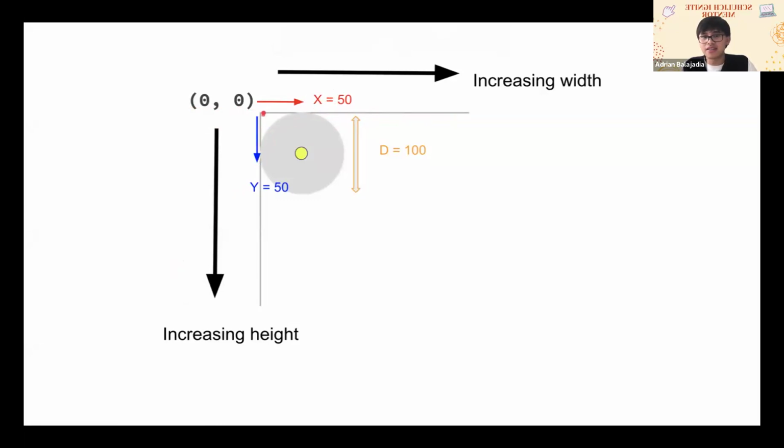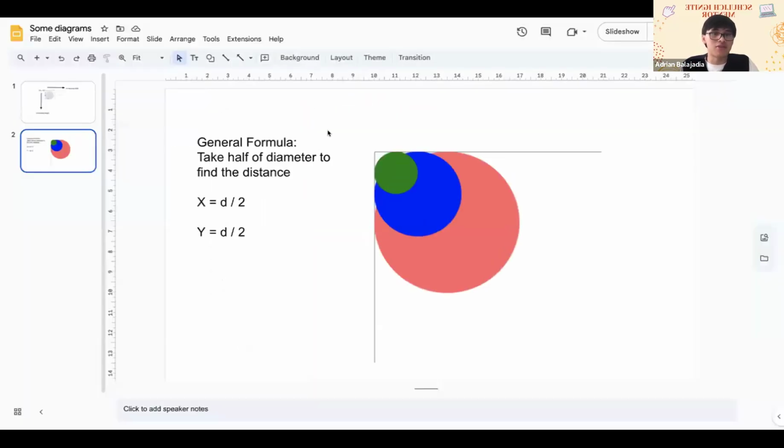Likewise, the distance from here to the halfway point is 50. So the center location of this circle is 50, 50. And if we want to know the diameter, remember the diameter is just twice the radius, so d is equal to 100. I hope everyone's got that sorted out.